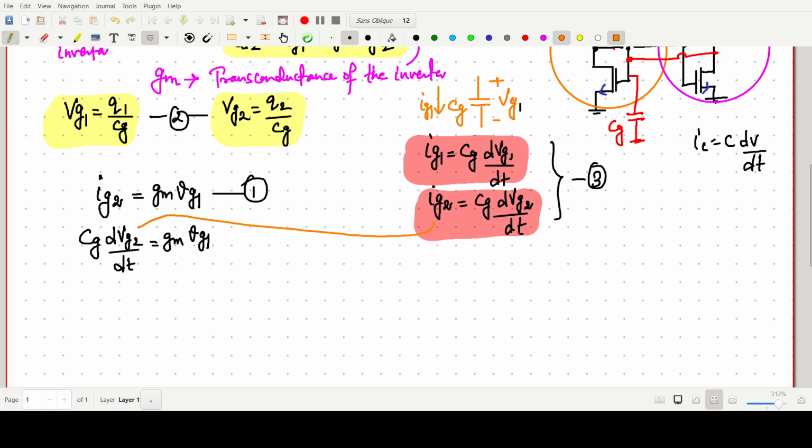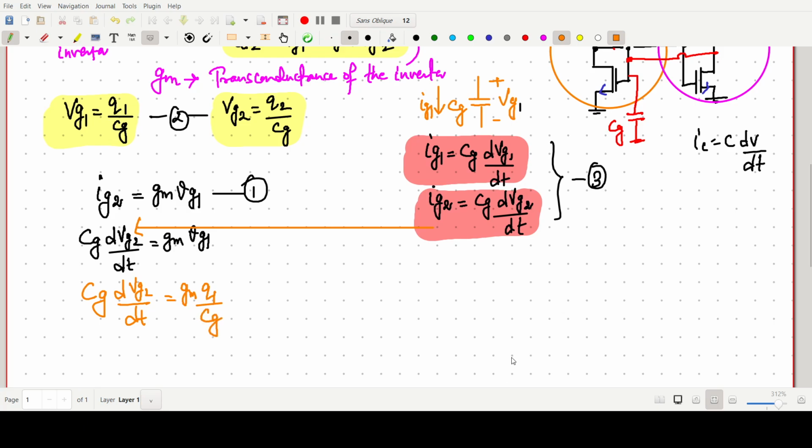Then we can write Cg dVg2 by dt equals Gm, and this Vg1 can be written as Q1 by Cg.